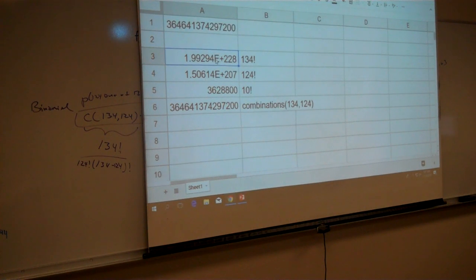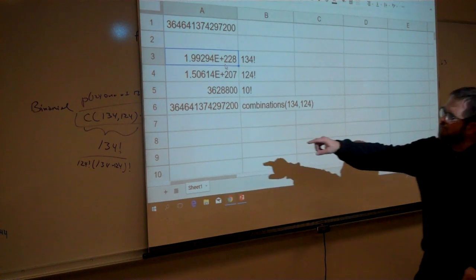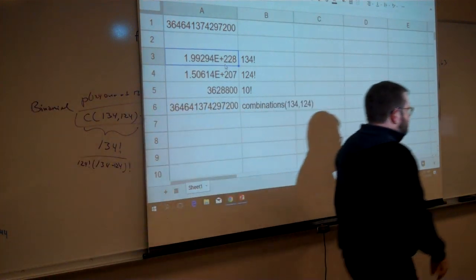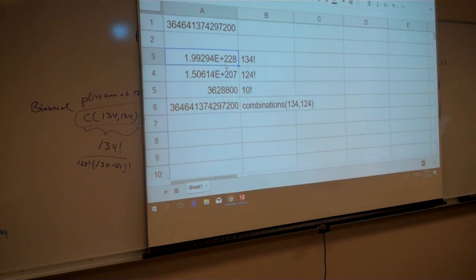But how could we have done this without using all that math? Remember how we did it over here where we said, let these cancel out? So you do have 134 times 133 times 132. We could have done it that way too. So this is going to equal 134 times 133 times 132 times 131 times 130 times 129 times 128 times 127 times 126.